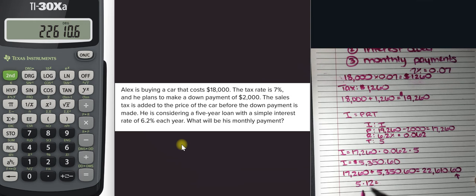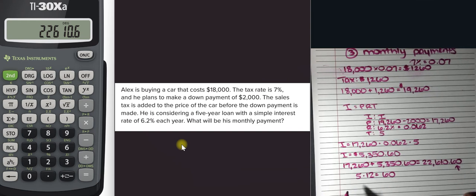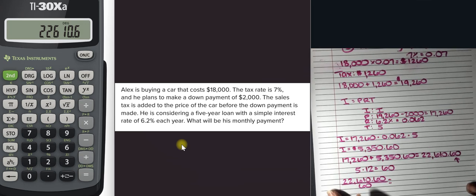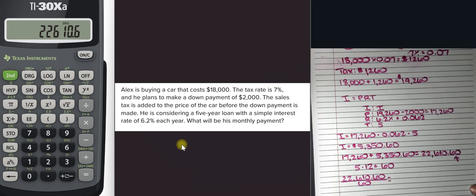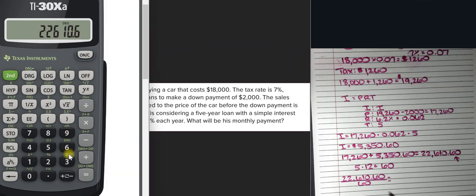So 5 years times 12 months means there's a total of 60 payments he has to make. So we take his total amount, $22,610.60, and divide that by 60. This gives us equal payments, how much he will pay each time for 60 payments.